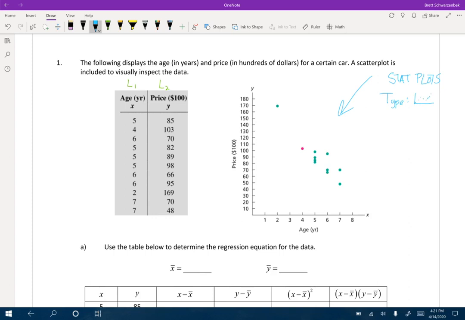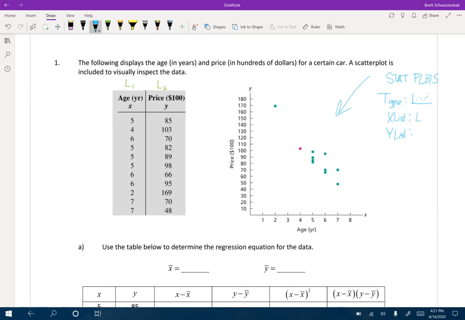Then that should open up two options for the lists, X list and Y list. For those lists, you're going to put L1 and L2. Remember, L1 and L2 are actually located above the 1 and 2 keys if you hit the blue second key. From there, everything else you can leave the same.